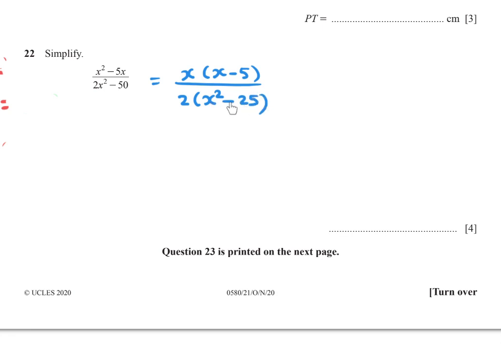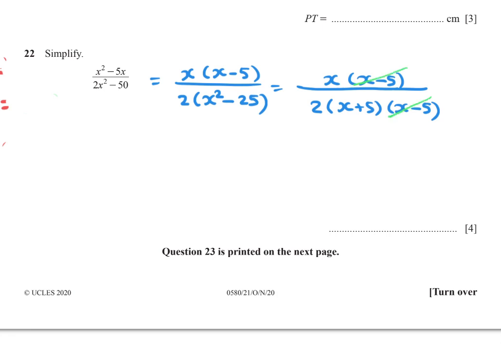But x squared minus 25 is a difference between two squares, so we can factorize more: x plus 5 and x minus 5. The numerator is the same, x times x minus 5. Now cancel the common factor x minus 5, so you are left with x over 2 times x plus 5.